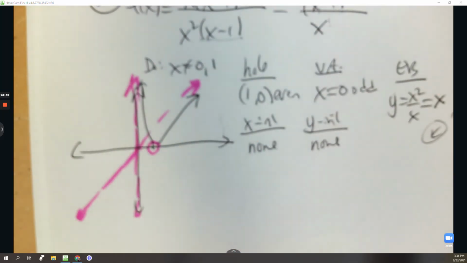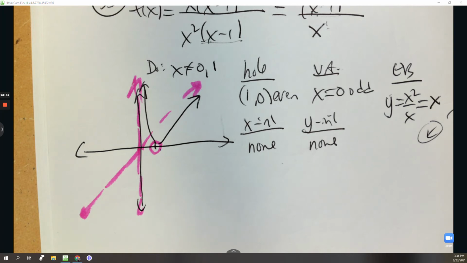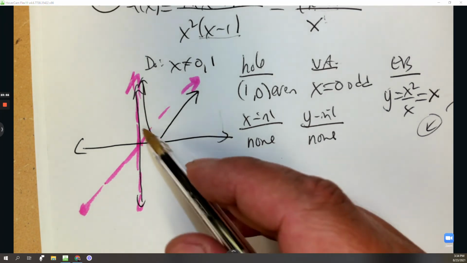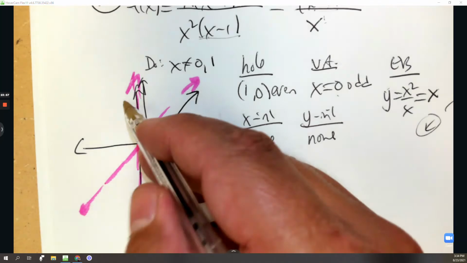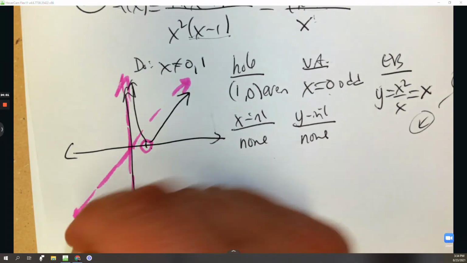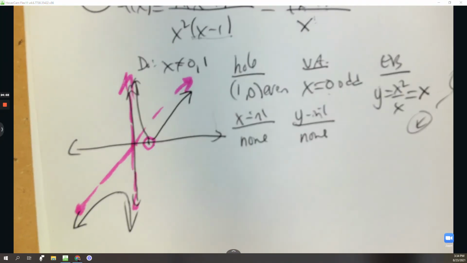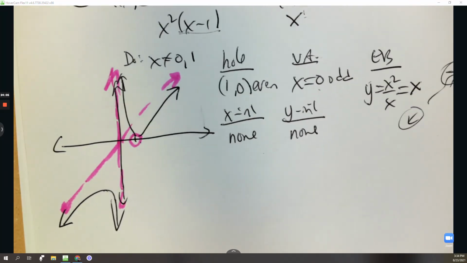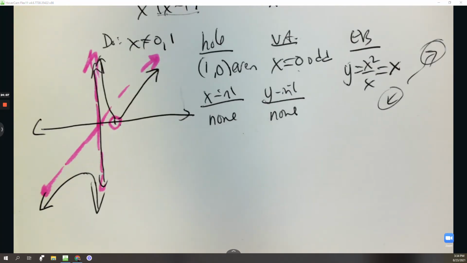So it's going to do that. And then the asymptote is odd, so if it goes up to here, it goes down the other way. And then the end behavior, and it has it. I know, the more you practice, trust me, the easier it does get.